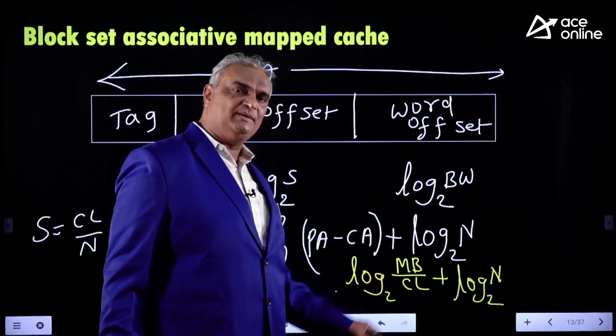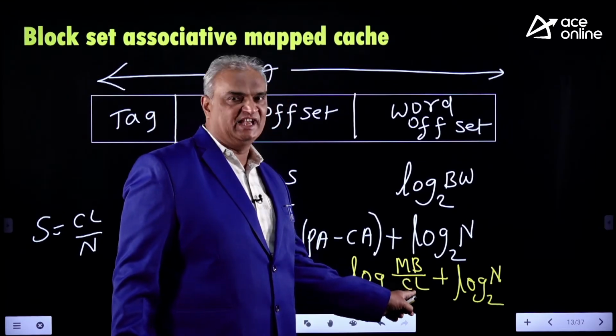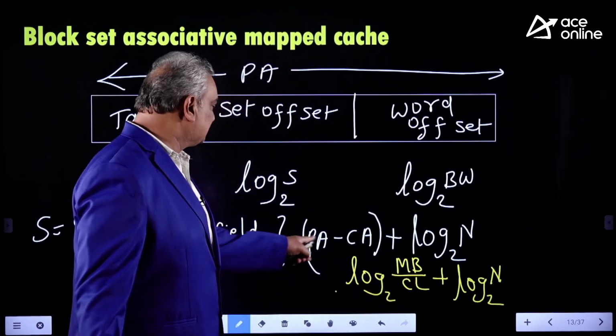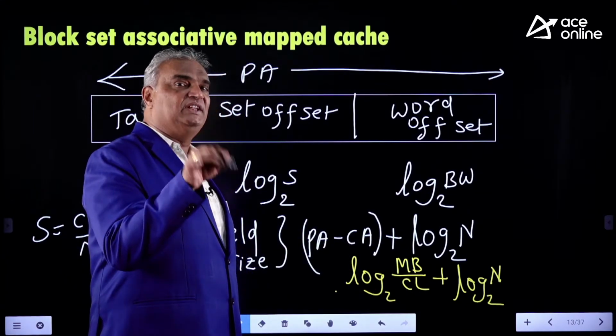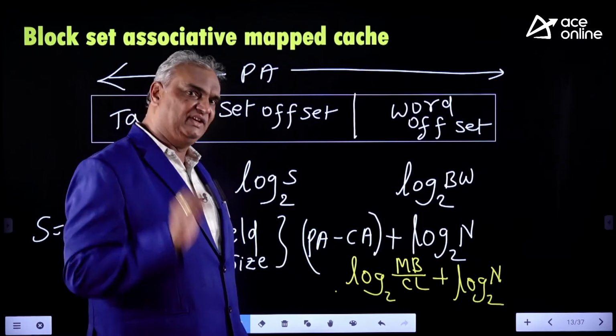We use this expression when the number of blocks in main memory and cache memory are given. We use the other one when the size of the physical address and the size of the cache address parameters are given.